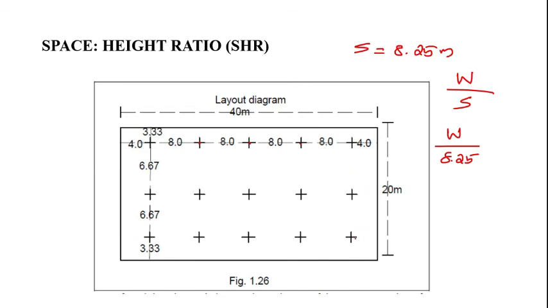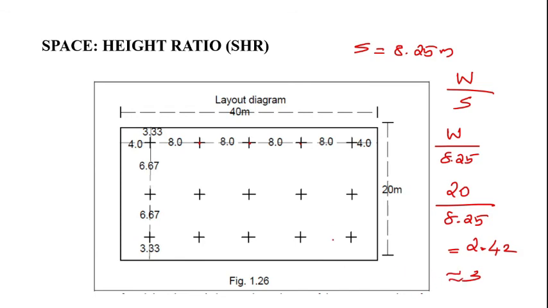So that will be equal to 20 divided by 8.25, which is 2.42. But this is a number of luminaires, so it must be a whole number, so I am taking it as 3. So that means 3 luminaires along the width of the factory area.